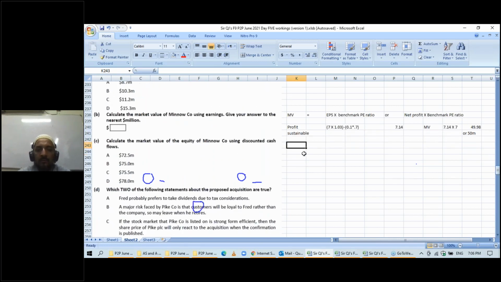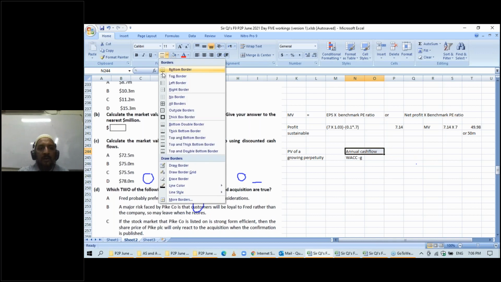The formula of present value of a growing perpetuity is annual cash flow divided by WACC minus growth rate. This is the formula for calculating the present value.